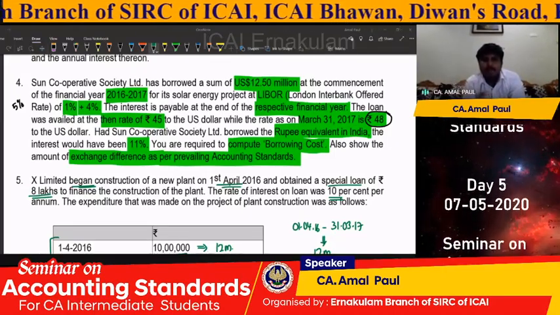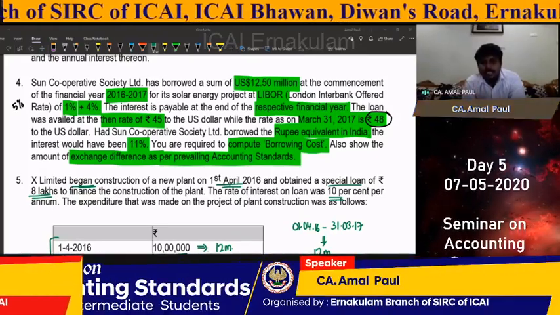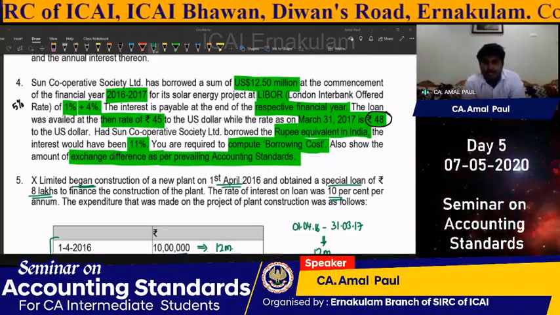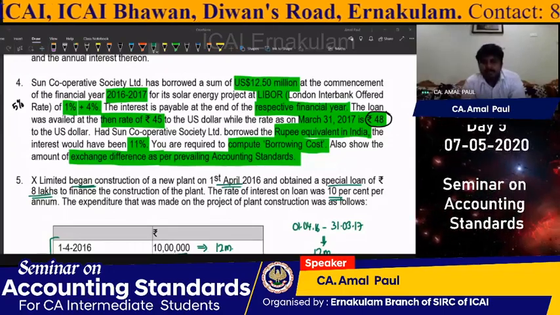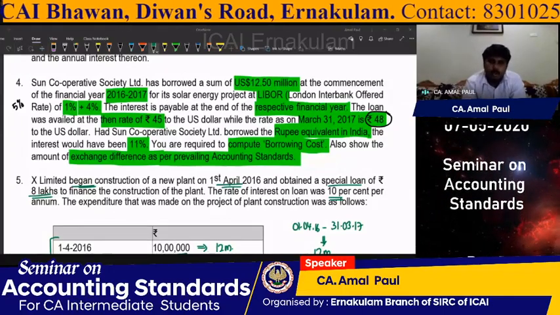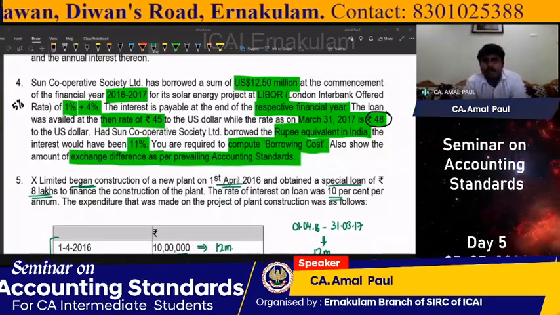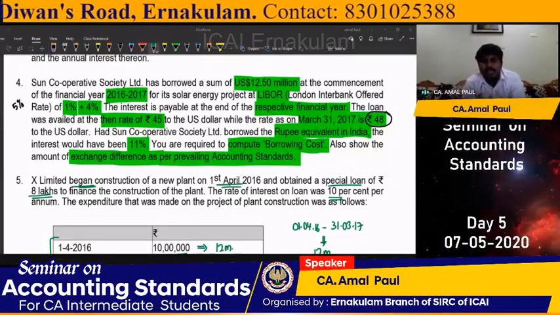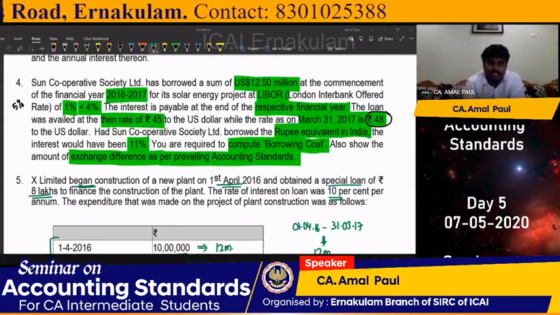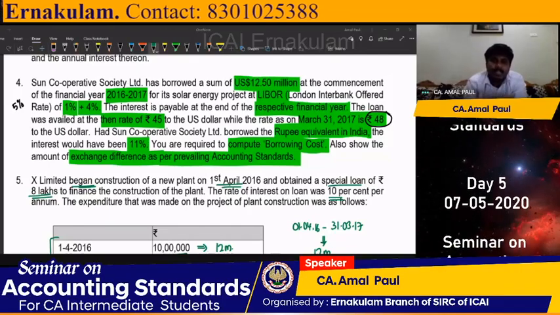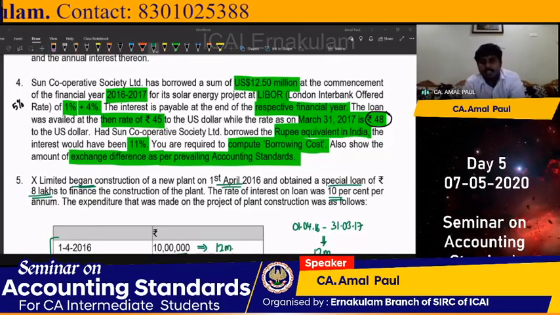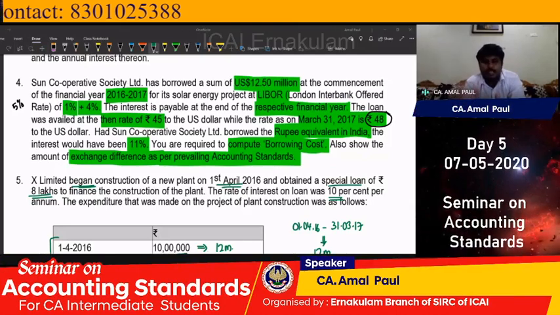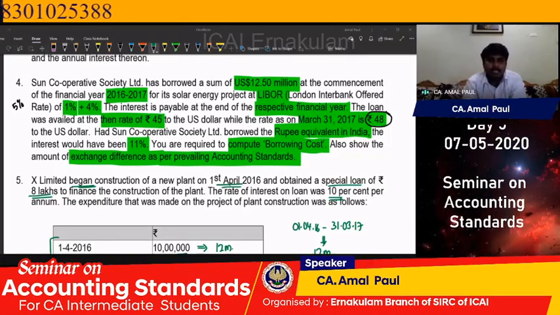Earlier, AS 17 on segment reporting and AS 22 on accounting for taxes on income were part of your first group. Now this has shifted to your second group with effect from the May 2020 examination. Effectively now it is the July 2020 examination.